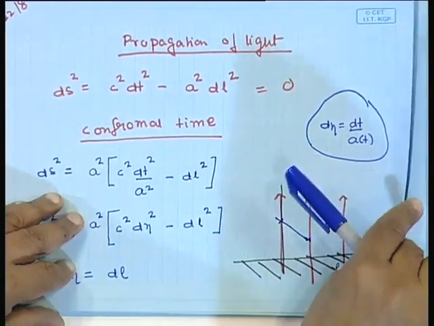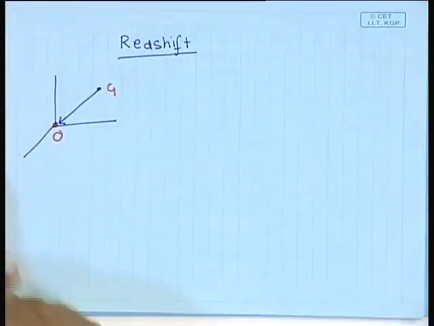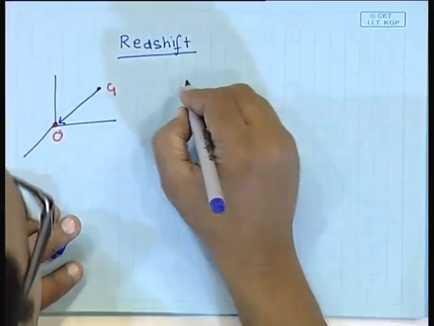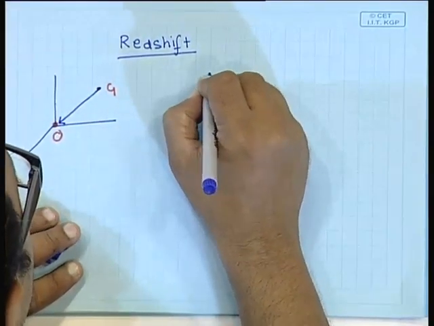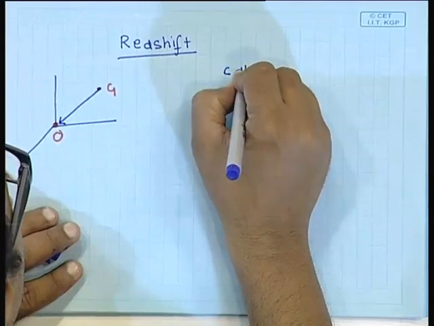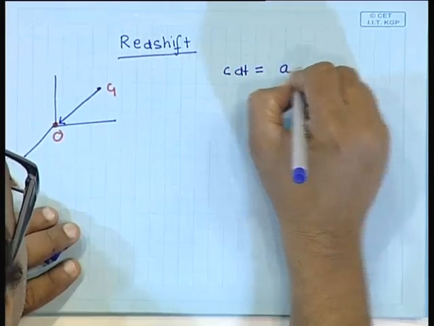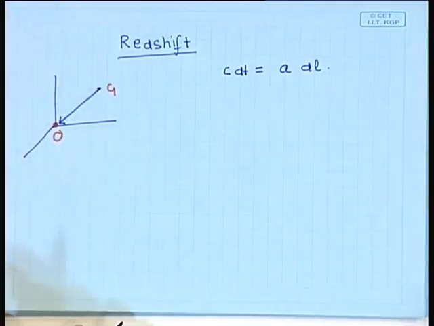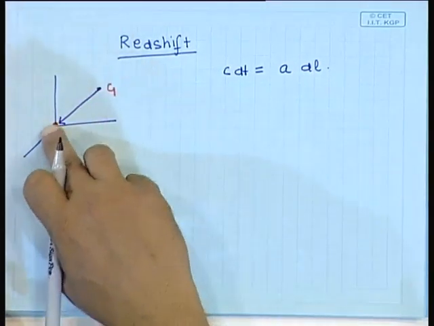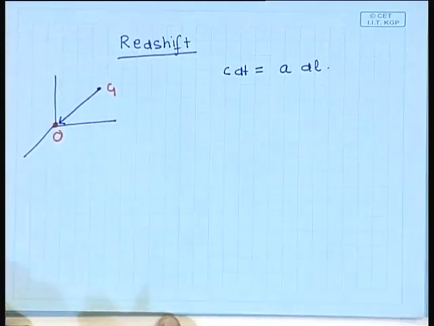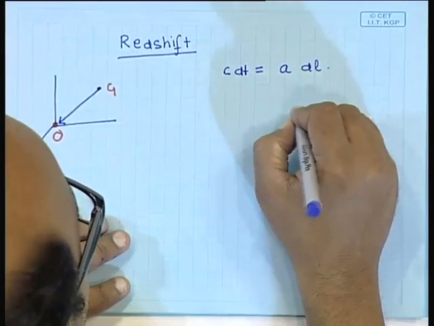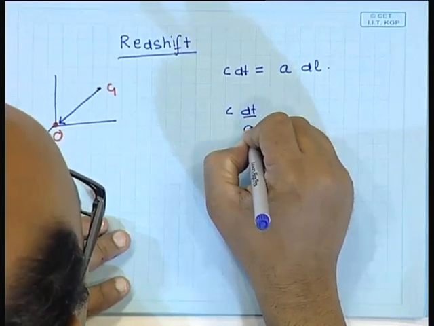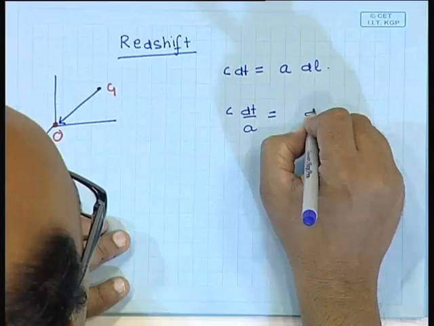Or we can say that along the trajectory of light, c dt is equal to a dl, right. The dl is the comoving distance from here to here, or c dt by a is equal to dl.